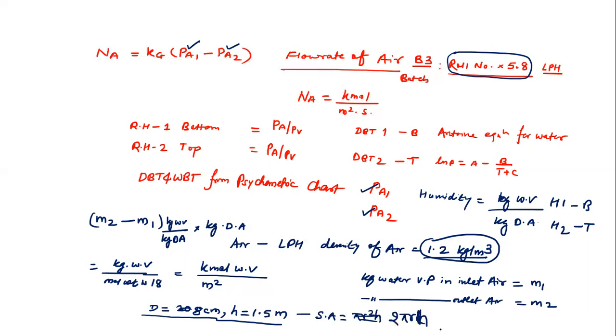which will be used, and you can take operation of 1 hour. So by 3600 second. So this is going to give you Na. So we got Na in kilomole per meter square second into Pa1 minus Pa2, we'll get this kg.